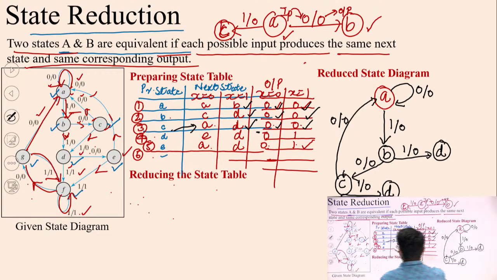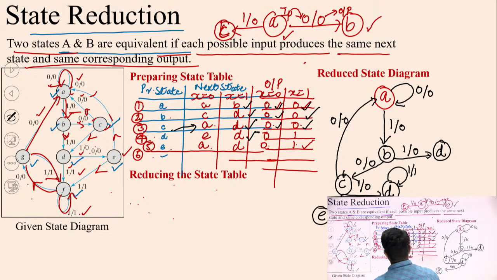Fourth row: if I am in D, for X is equal to 0, I will reach E and output is 0, and I will stay in D only if X is equal to 1, but output will be 1.